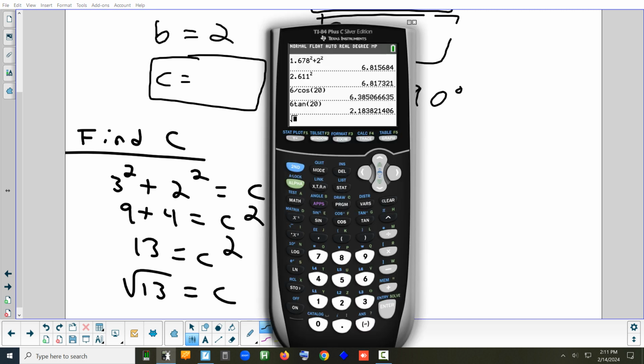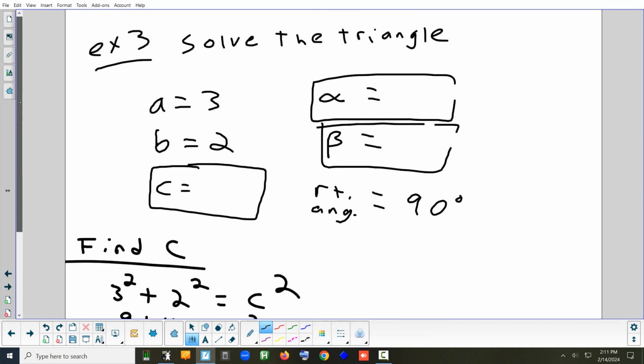The square root of 13 to 3 decimal places is 3.606. Is it always going to be 3 decimal places? We'll stick with 3, unless the directions say 2. Okay, so that's C.